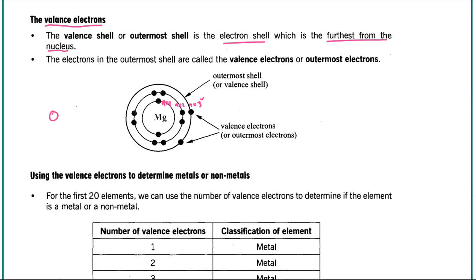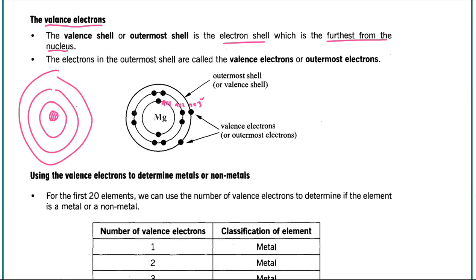Let's say we have the nucleus here and we have shells A, B, and C. The furthest from the nucleus would be shell C. So this shell is what is known as the valence shell.